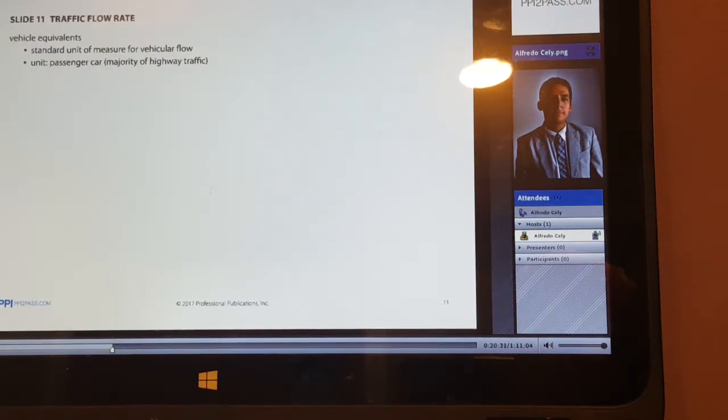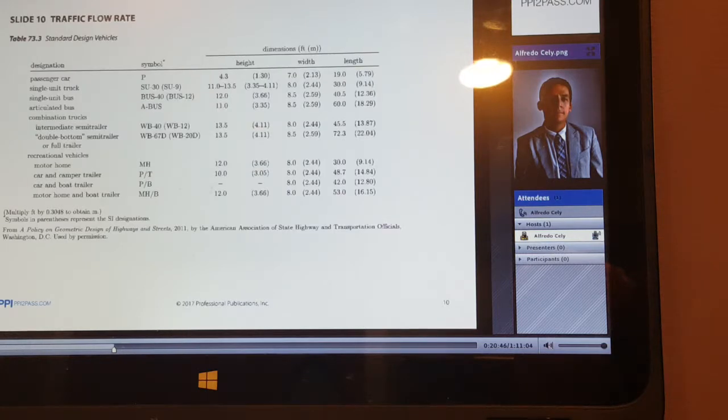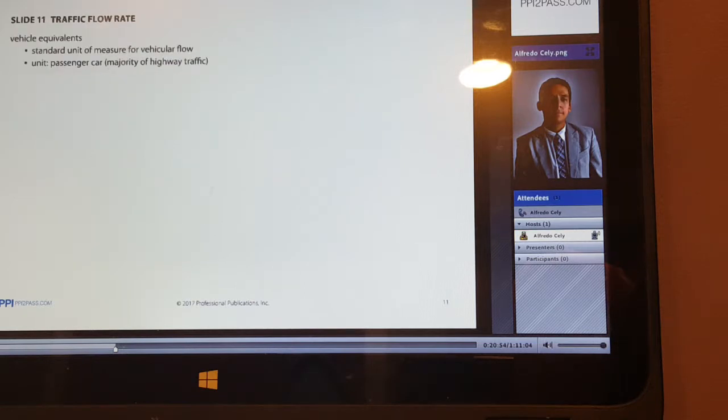Now there are also vehicular equivalents, which will give you the standard unit of measure for vehicular flow. And that unit will be the passenger car, which is the majority of highway traffic. So what I'm trying to say is, in addition to having standard vehicles for the dimensions of a specific design vehicle where you design for the geometry, when it comes to traffic flow, you don't really consider too much the geometry.